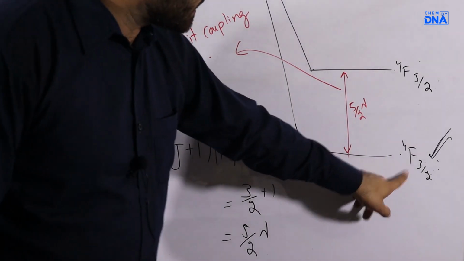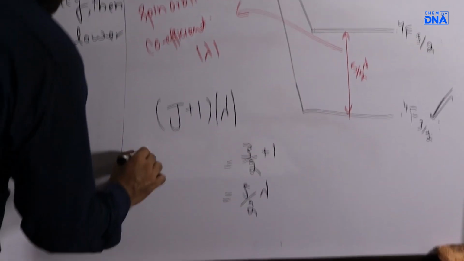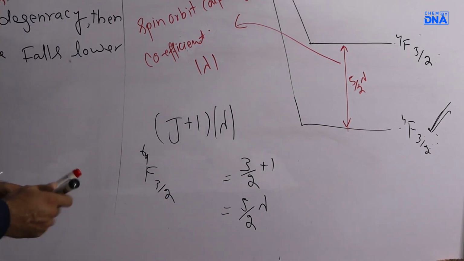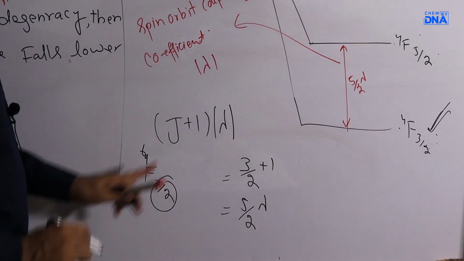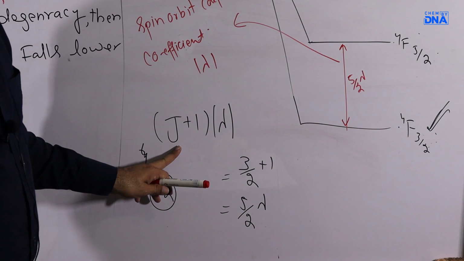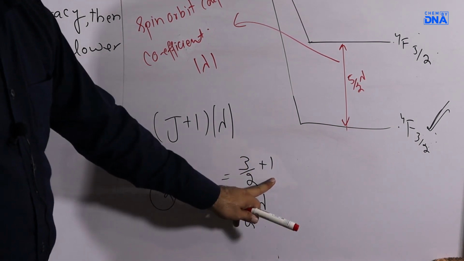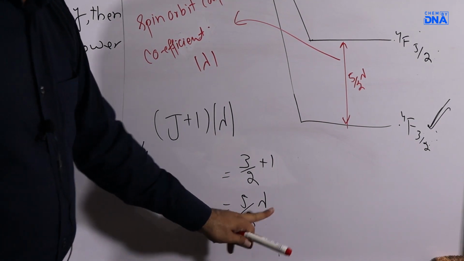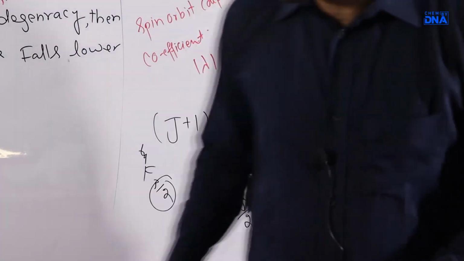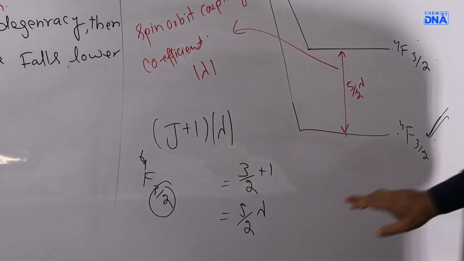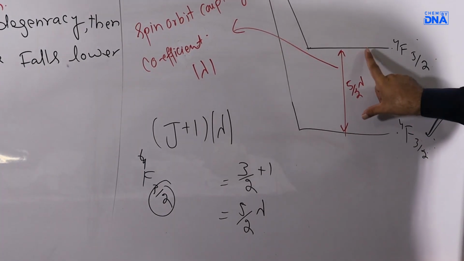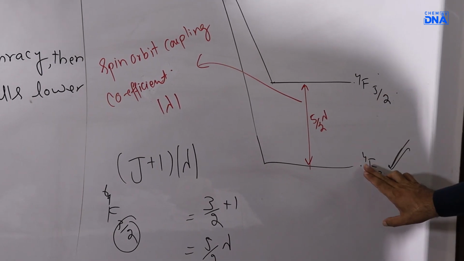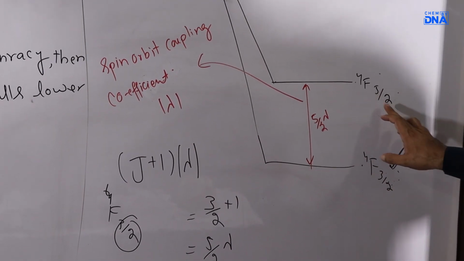For this F quartet 3 by 2, its J value is 3 by 2. When you place this 3 by 2 over here, 3 by 2 plus 1, you will get the result 5 by 2 lambda. Then you can say that this 5 by 2 lambda is actually the energy difference between these two spectroscopic terms, that is F quartet 3 by 2 and F quartet 5 by 2.